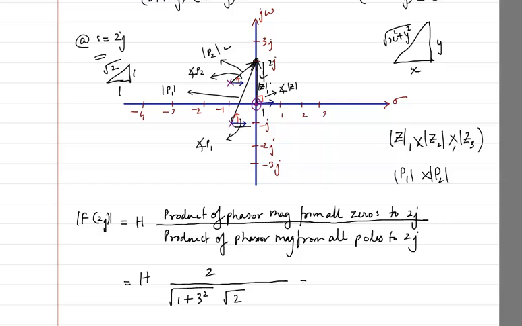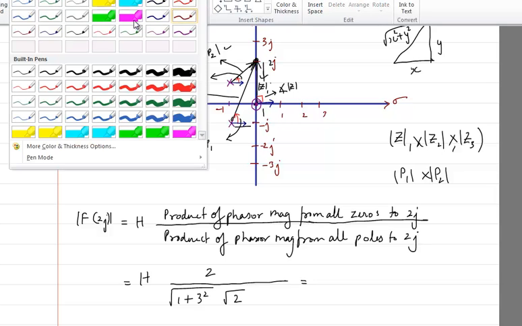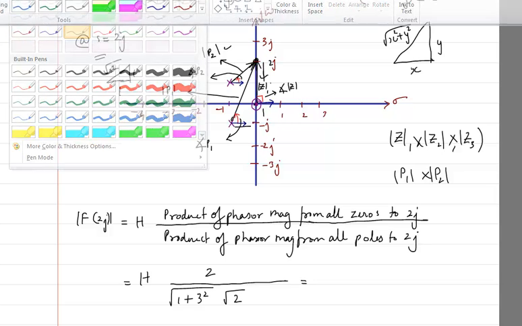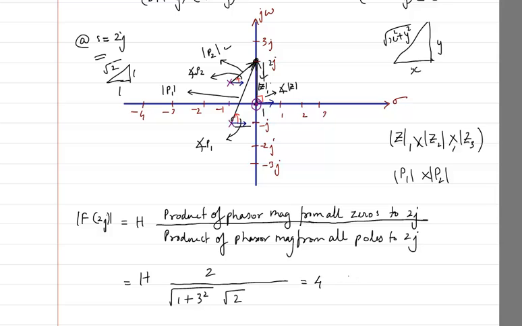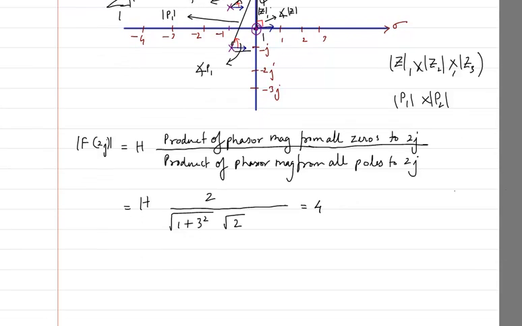Which gives me H as 4, so 4 into 2 divided by root of 10 into root of 2, which is again 4 into 2 divided by root of 20.